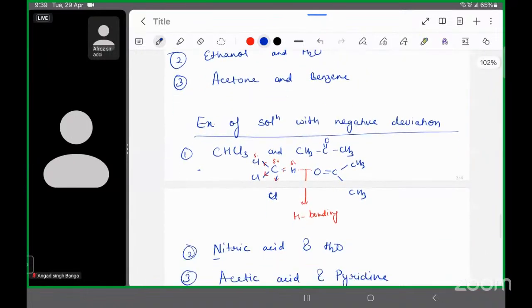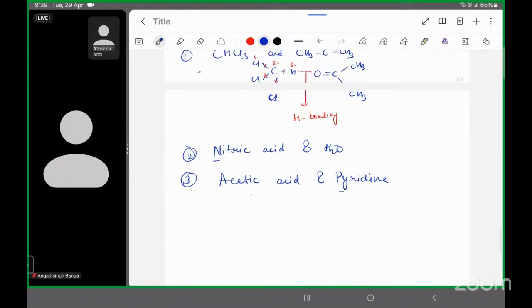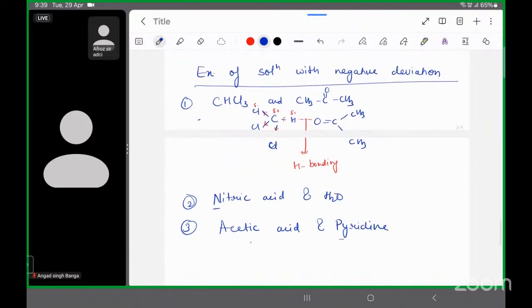Is that clear? Examples. Most of the questions are asked from the examples only, and you have to choose the example very carefully, considering what type of interactions develop in the solution between solute and solvent.